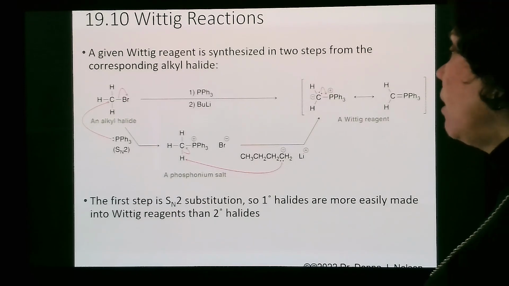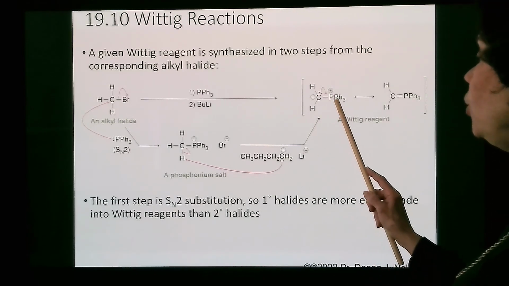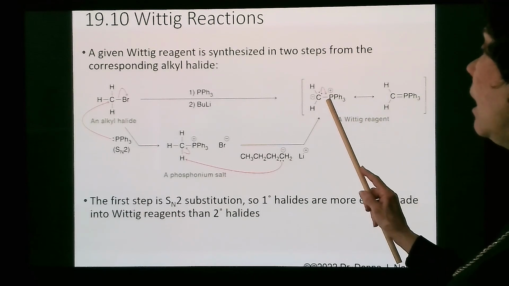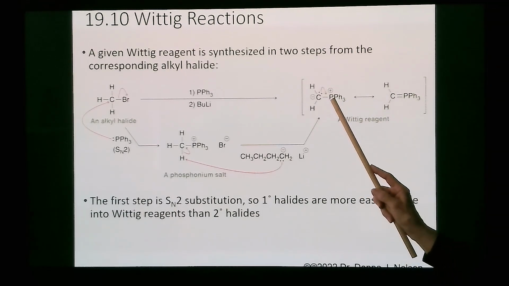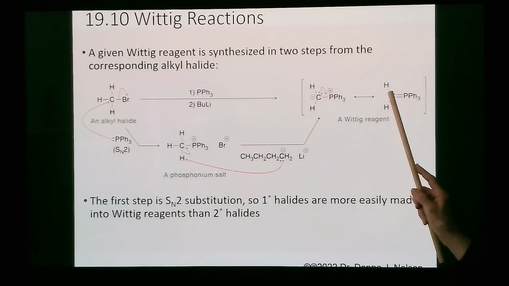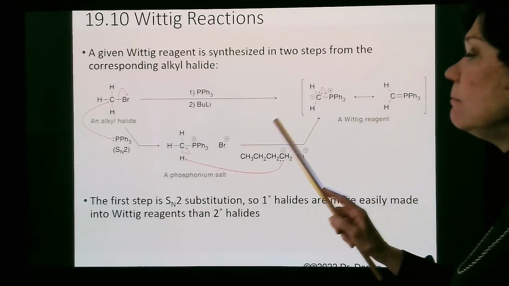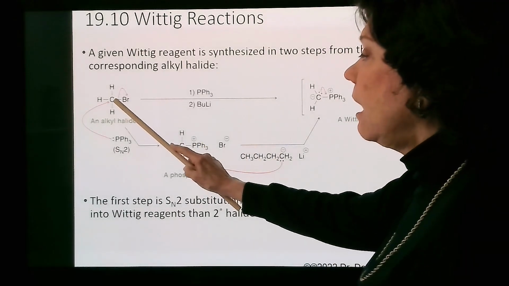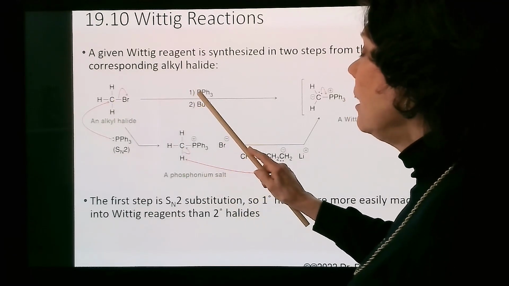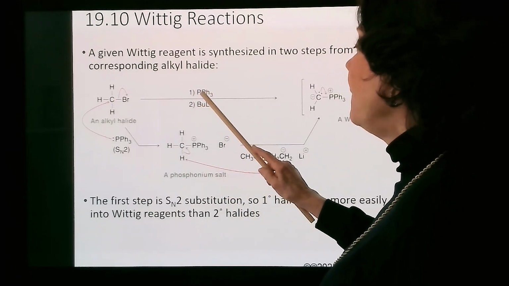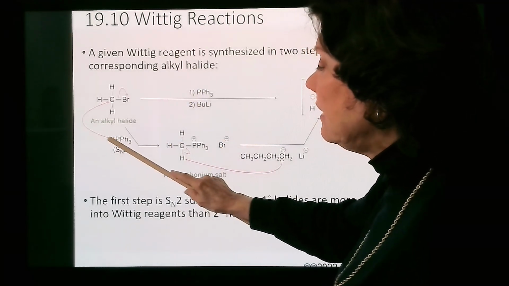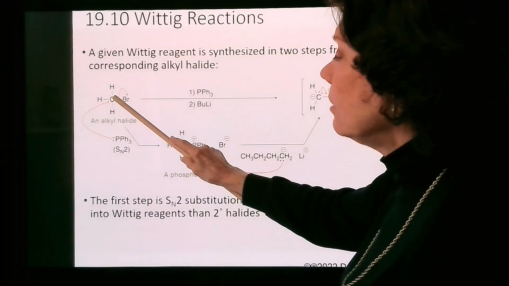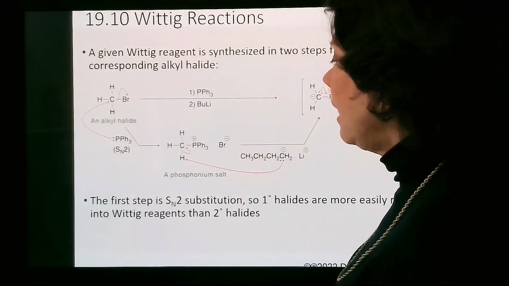So you may recall I mentioned that you will need to be able to predict how to synthesize the Wittig reagent. The Wittig reagent comes from an alkyl halide in which a pair of electrons on the phosphine does an SN2 attack on carbon to displace bromide.